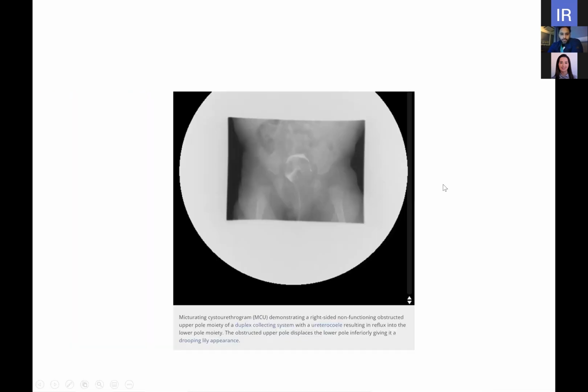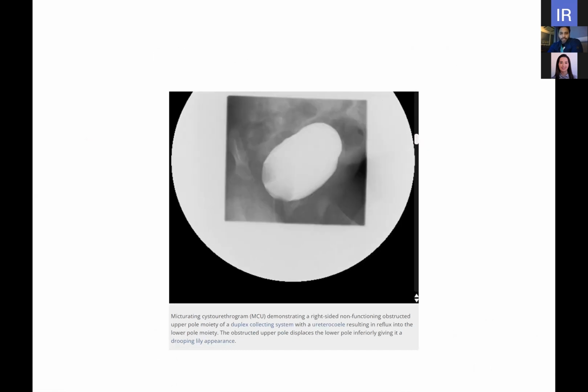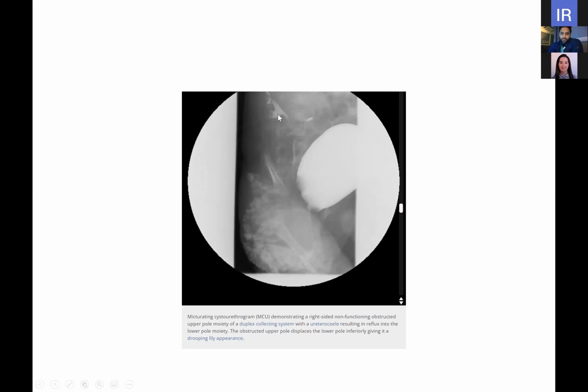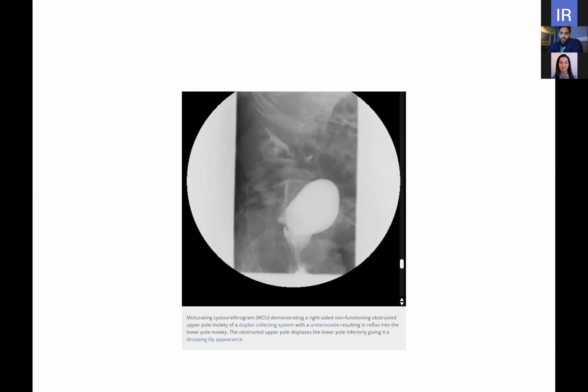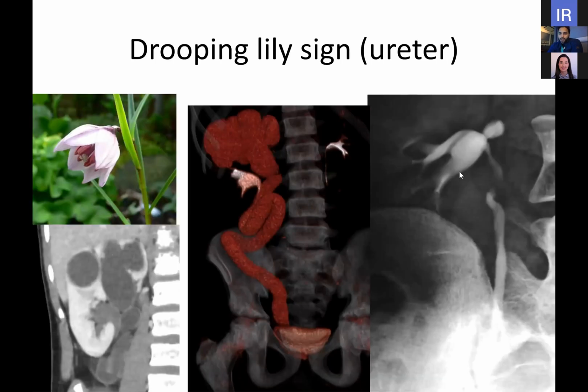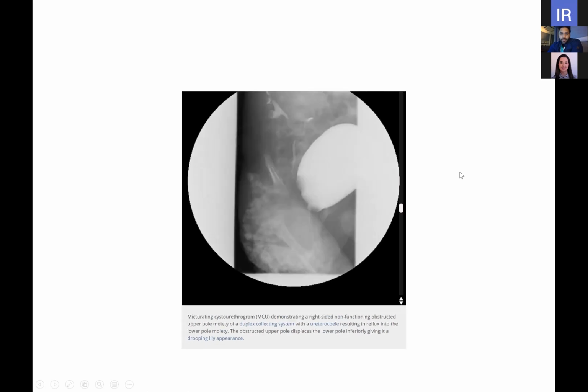So if I showed you this study, this is an MCUG, again, you fill the bladder and you see the reflux, and you may appreciate, this isn't an ideal image, but we get a drooping lily sign here on this study. It's not as nice as the previous image that I showed you, which is right here. But this child did have a drooping lily sign secondary to a dilated upper system.